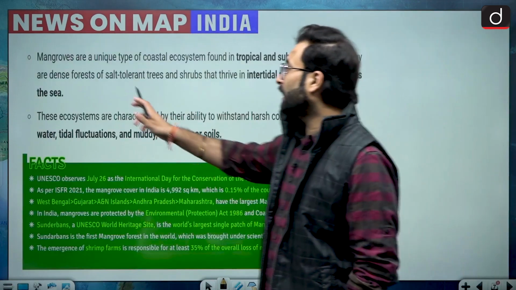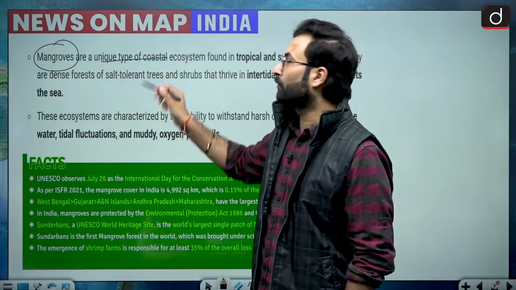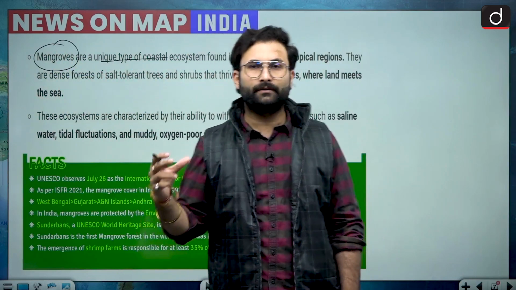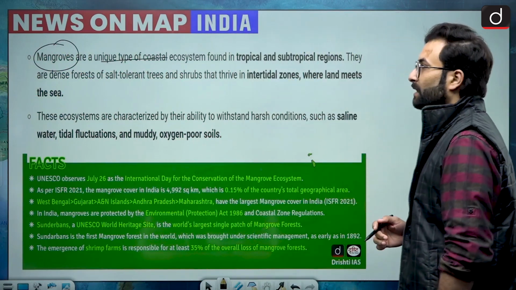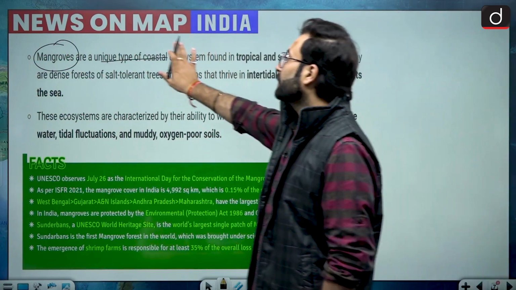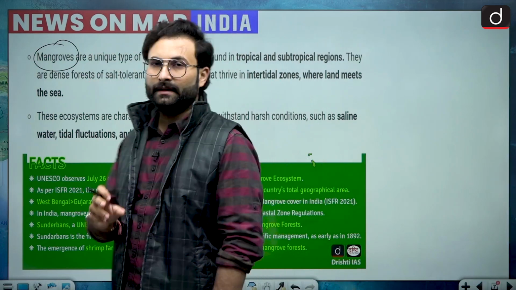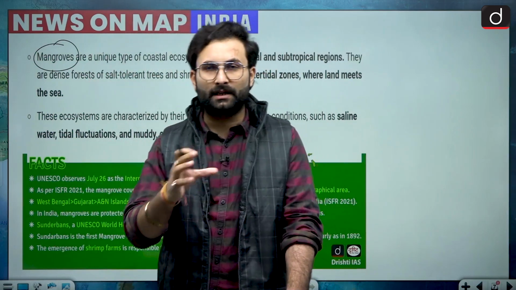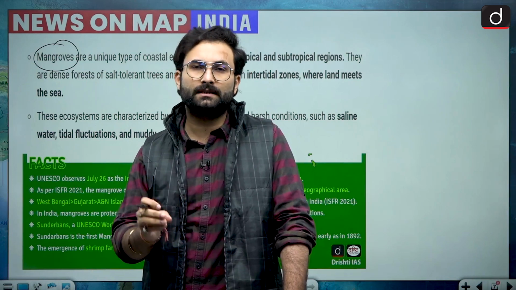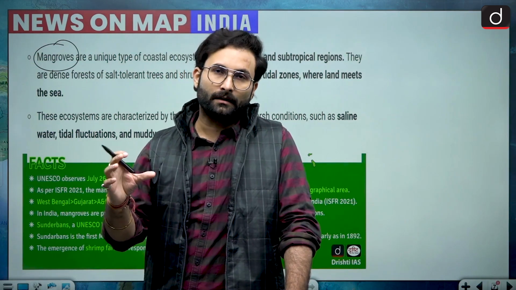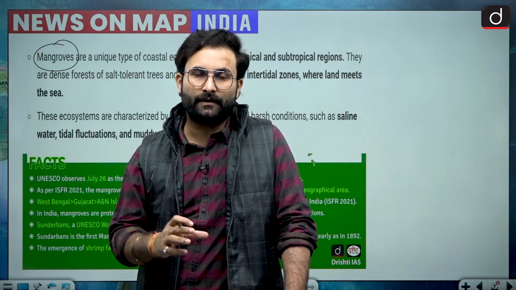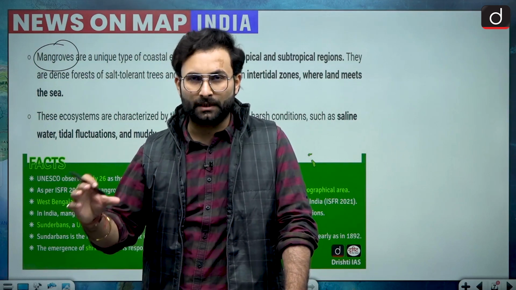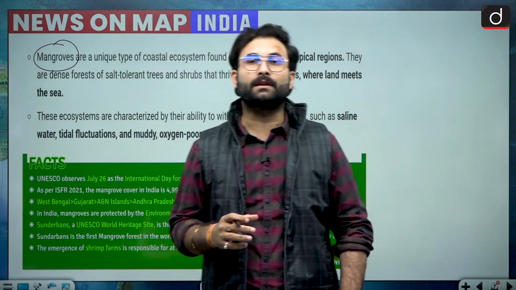Here, mangroves are a unique type of coastal ecosystem. As I told you that we were talking about mangroves, I took the liberty of discussing them here. These are basically brackish water ecosystems, wherein the saline water of the ocean meets with the fresh water that is discharged to that particular area from the river system.